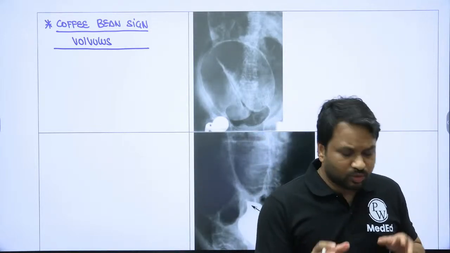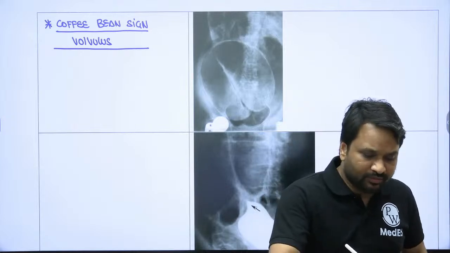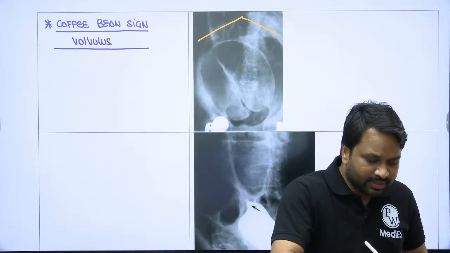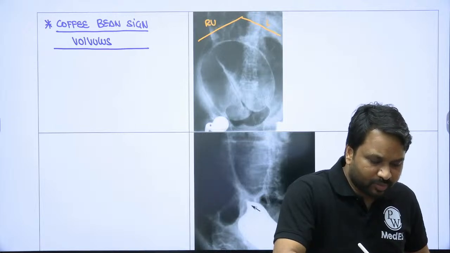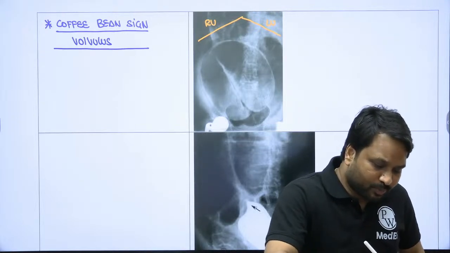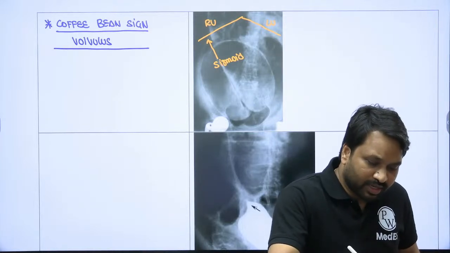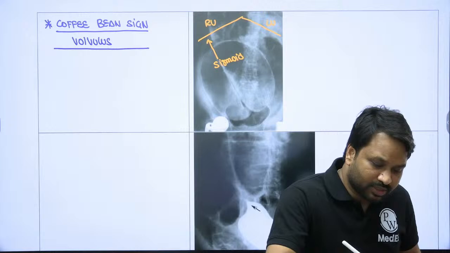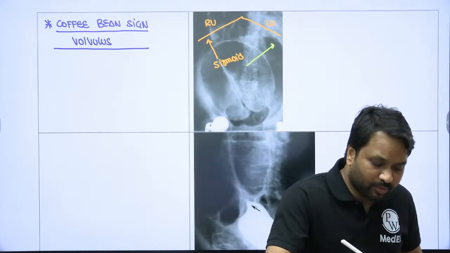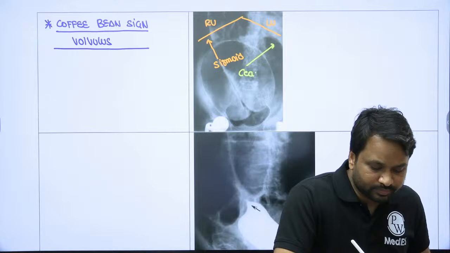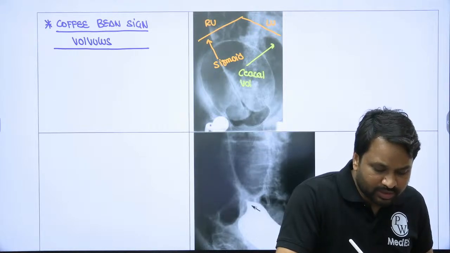Now, when it comes down to volvulus, you have to understand where exactly the volvulus is pointing. If you take this as the abdomen, this is the right upper abdomen, this is the left upper abdomen. If the volvulus is pointing towards the right upper abdomen, the origin is going to be your sigmoid colon. But if it is pointing in the opposite direction, towards the left upper abdomen, then it is going to be the cecal volvulus.